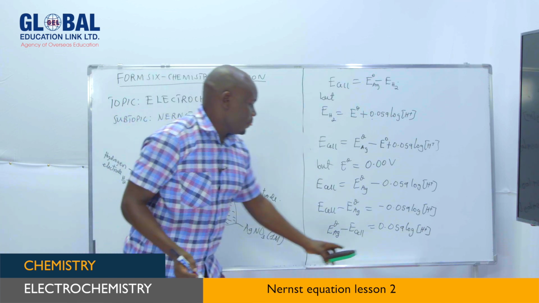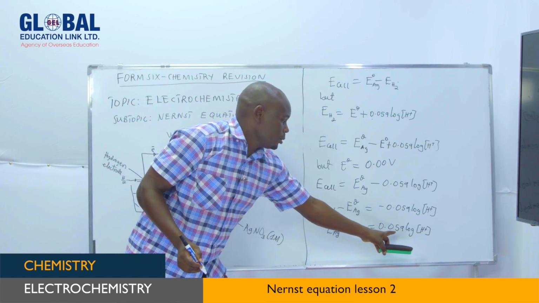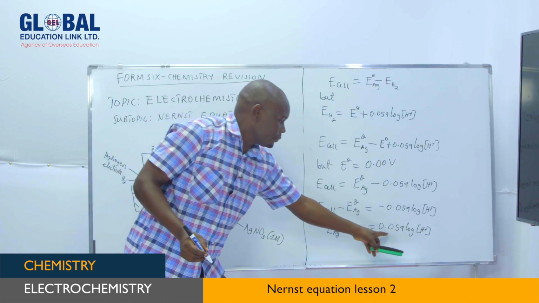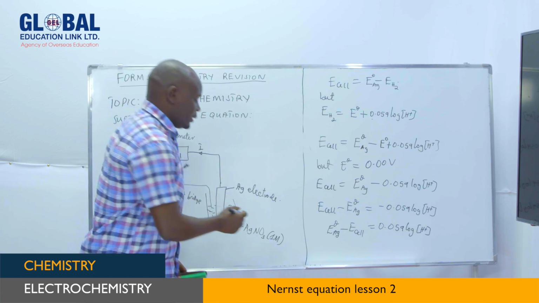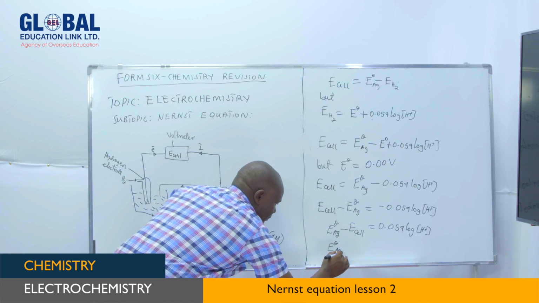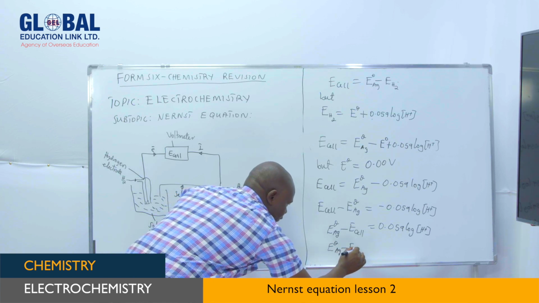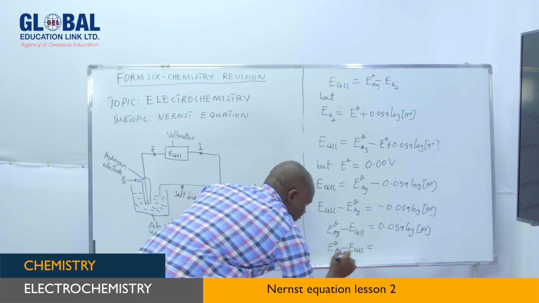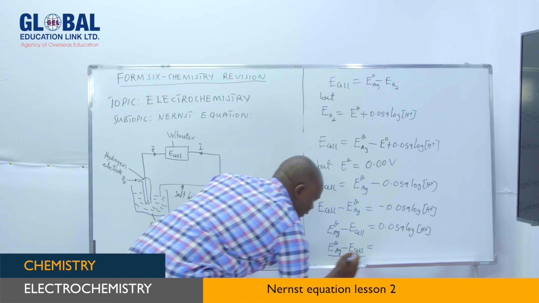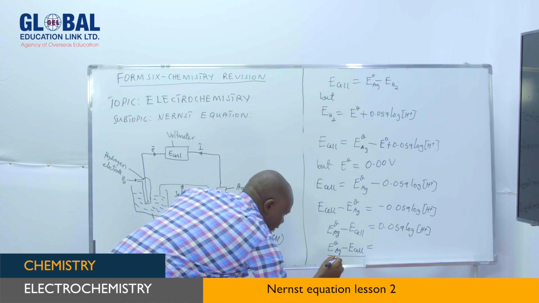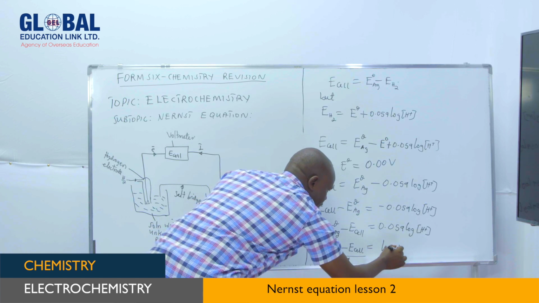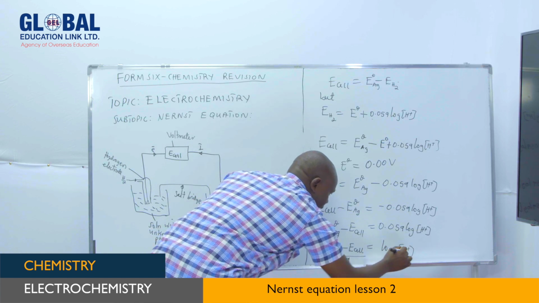Let us divide by 0.059 on both sides, so E of silver minus E of cell, divided by 0.059, is equal to log of concentration of hydrogen ions.